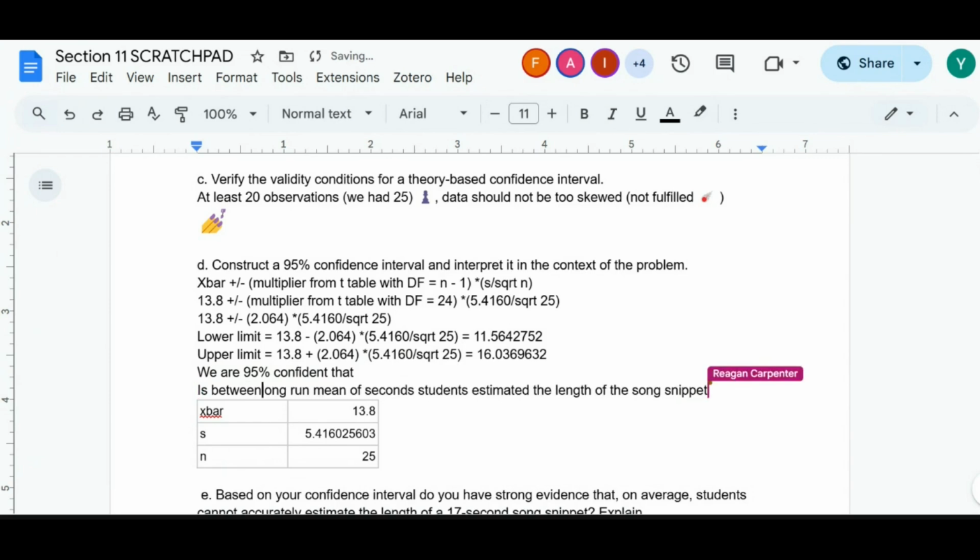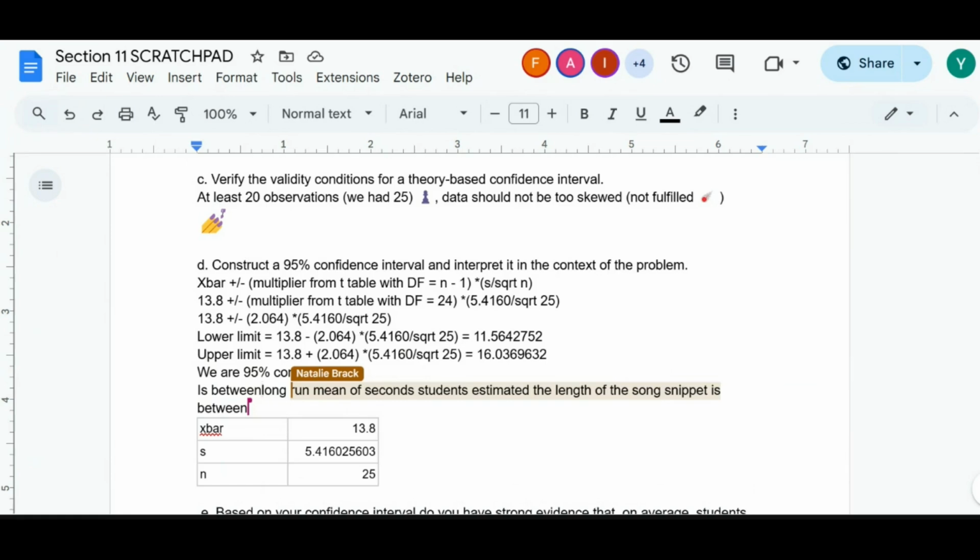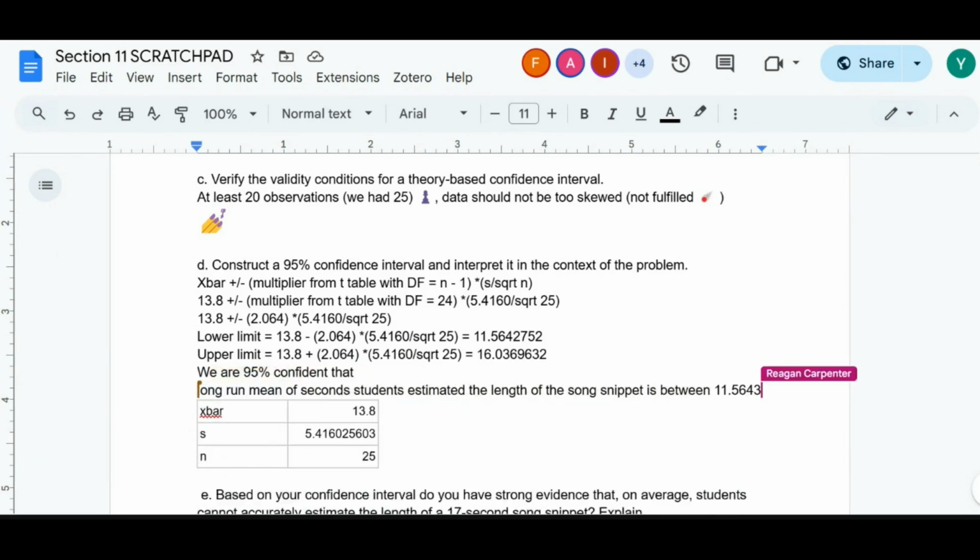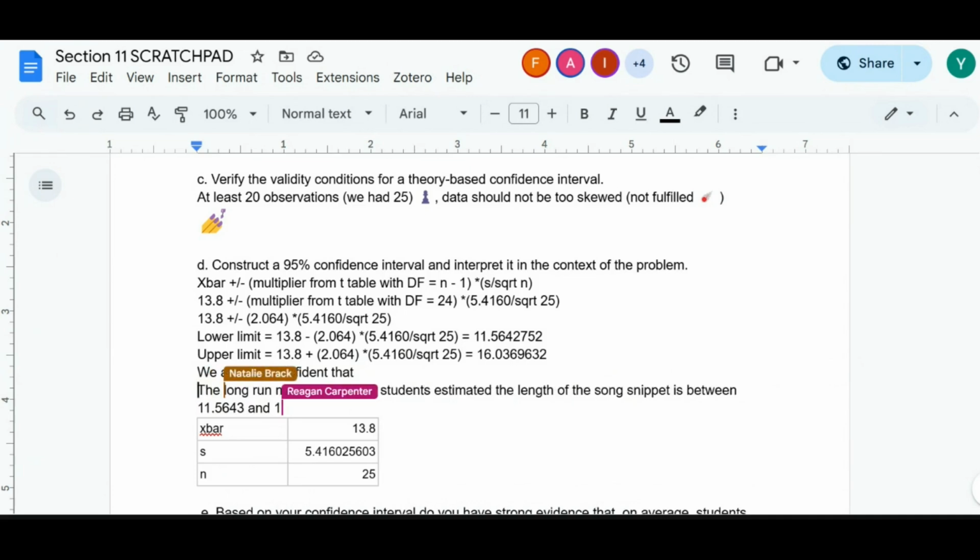We are 95% confident that the long run mean of students' estimated length of the song snippet is between, and you don't have to quote all the decimal points, just a few, it's between 11.56 and 16 point whatever seconds.